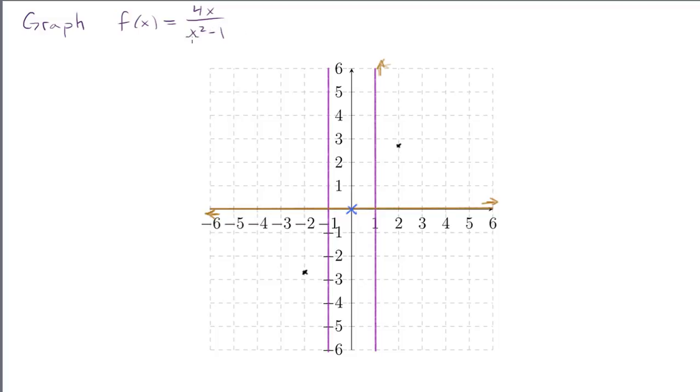This is going to be positive if it's greater than 1. Over in the range less than negative 1, this will be negative, so as we come in this way, it's going to be coming down.